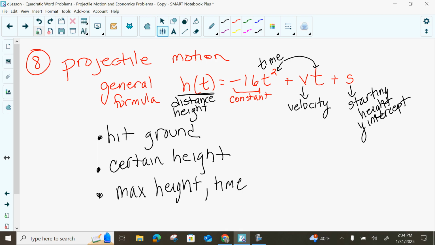So when you're looking at when it hits the ground, H of T is going to be 0.